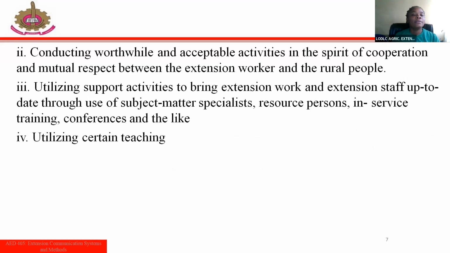The next thing, which is the second thing, is conducting worthwhile and acceptable activities in the spirit of cooperation and mutual respect between the extension workers and the rural people. This means that all the activities that are given must be something that is needed, required, acceptable, okay? And as you're bringing it, you must first put yourself in their shoes.